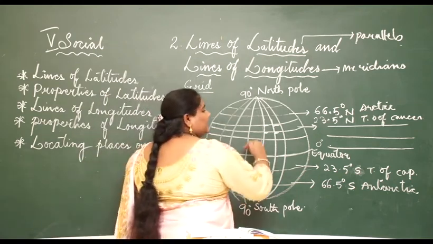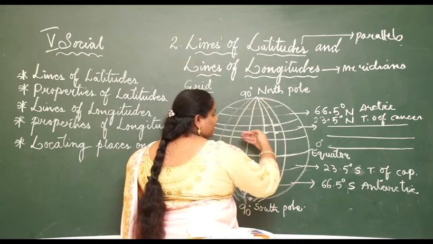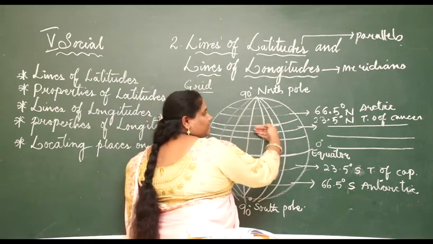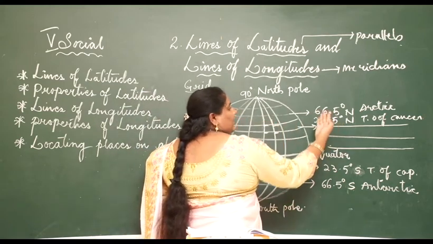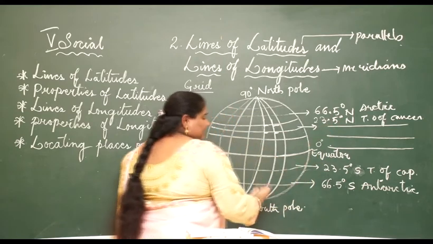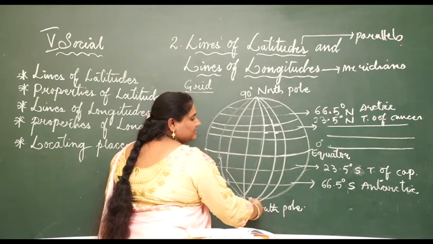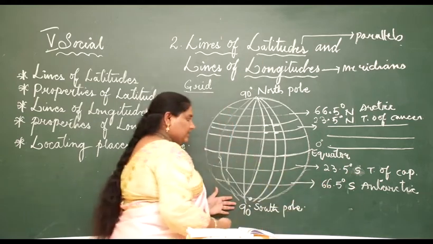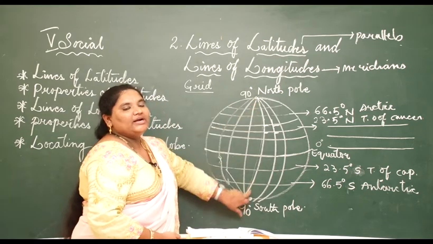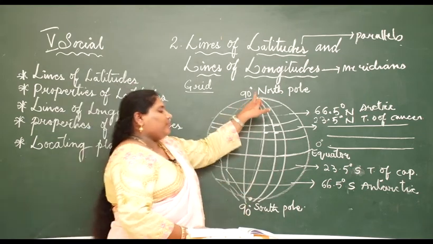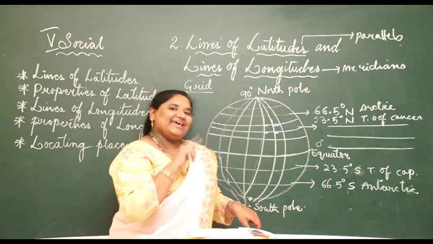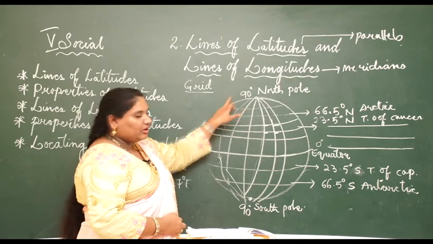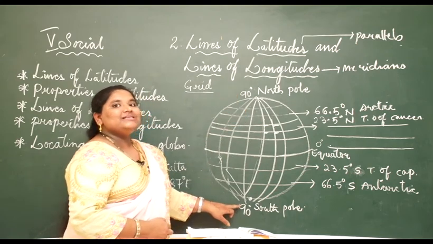Above the equator is called the northern hemisphere, and below the equator is called the southern hemisphere. In the northern hemisphere you have the Arctic Circle and Tropic of Cancer, and in the southern hemisphere you have the Tropic of Capricorn and Antarctic Circle. The two points opposite to each other are called the North Pole and South Pole, denoted by N and S. 90 degrees north is the North Pole, and 90 degrees south is the South Pole.